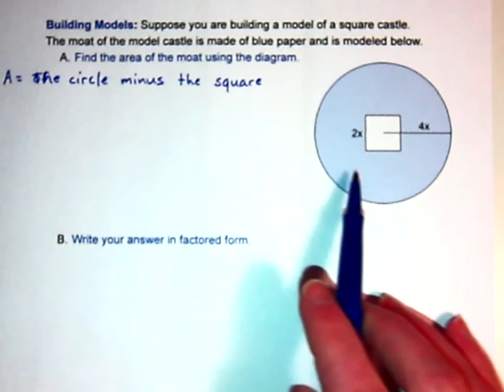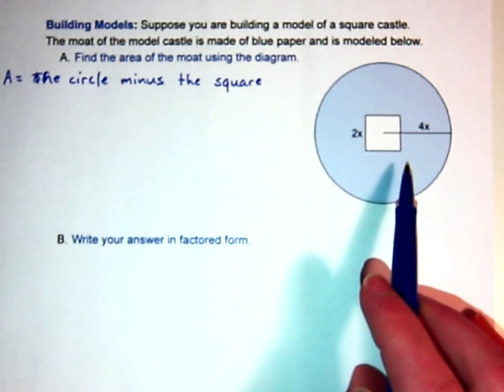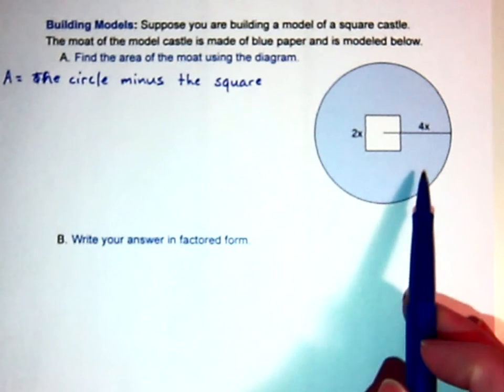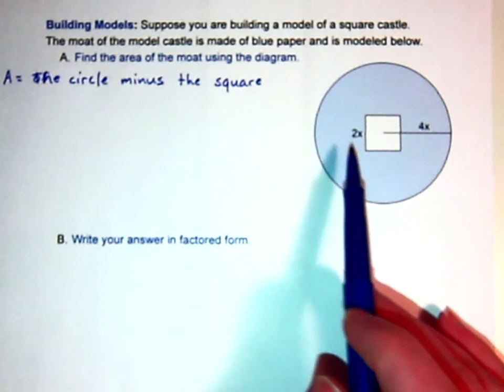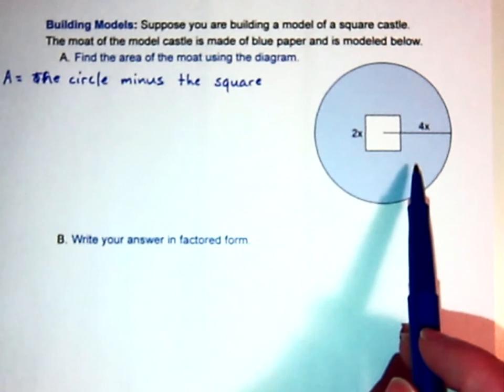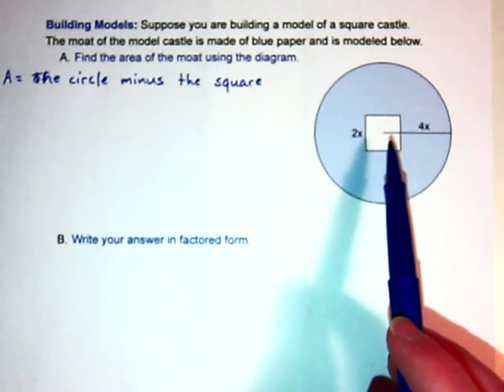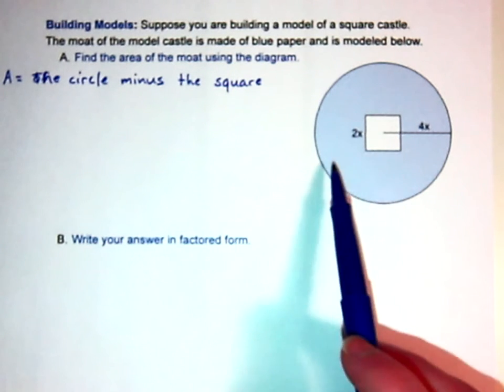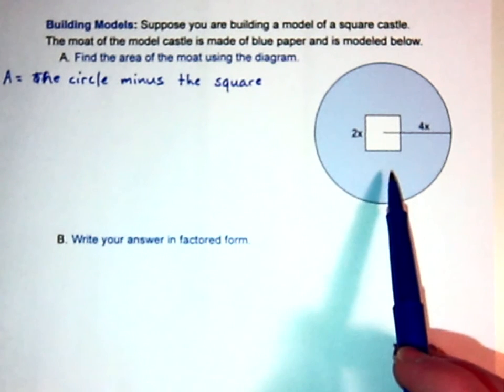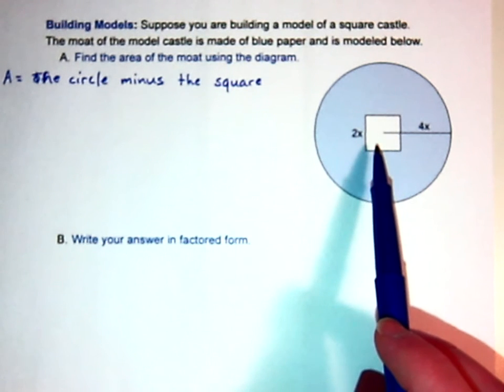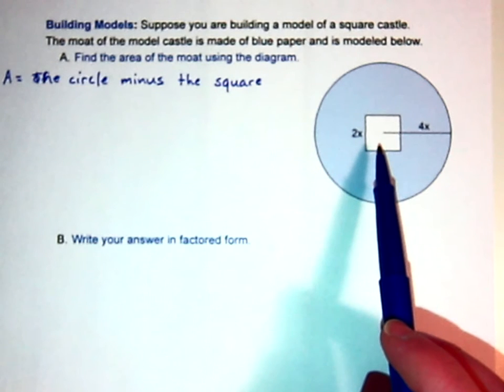Normally you probably wouldn't write this out, but this is my plan. To find the area of the moat, I need to find the area of the circle, but it cannot include the square. So I find the area of the whole circle, and then I take away the area that is not included.